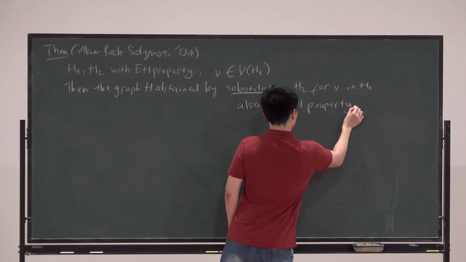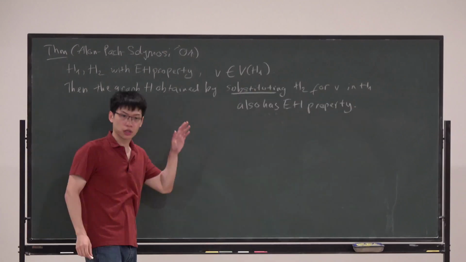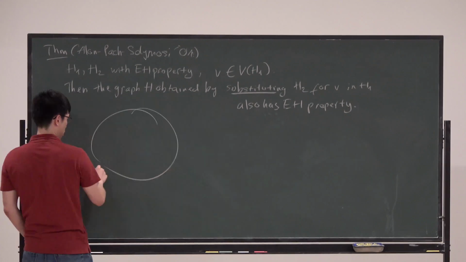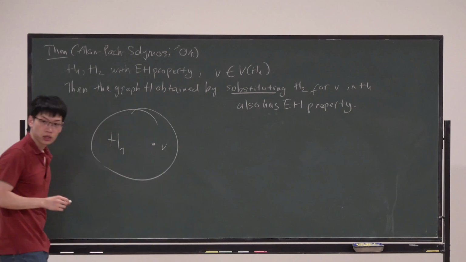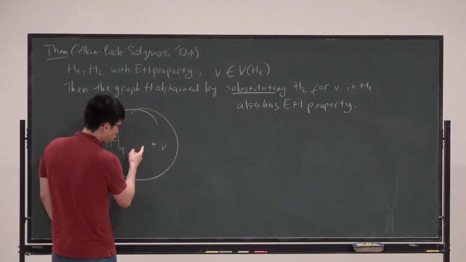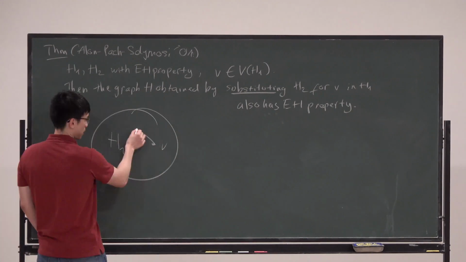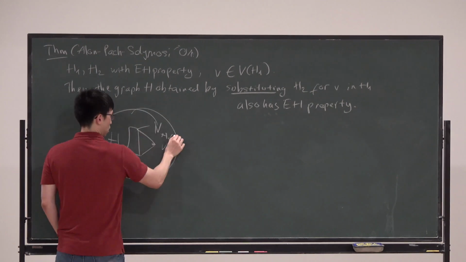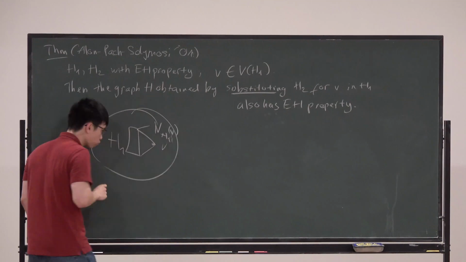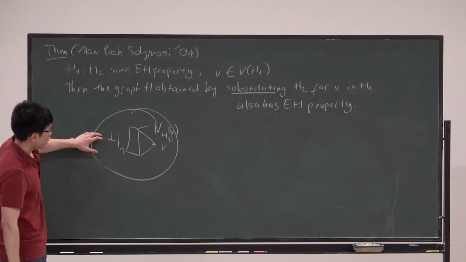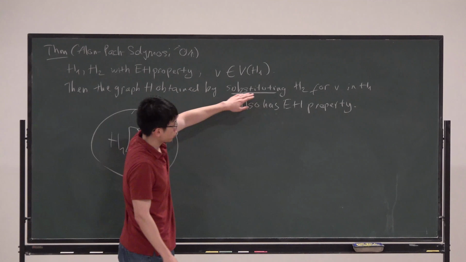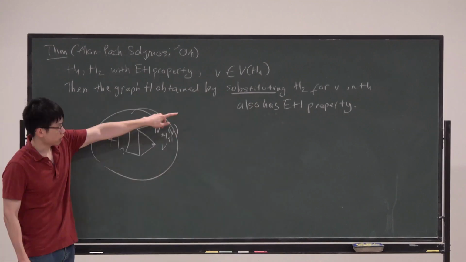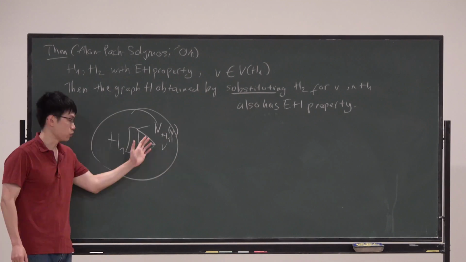So what do I mean by substituting? Let's say I have a graph. So here's my graph H1, and here's V in H1. Now I look at the neighbors of V in H1. By substituting H2 for V in H1, I mean removing V, then taking a copy of H2 and adding it to the remainder of H1.